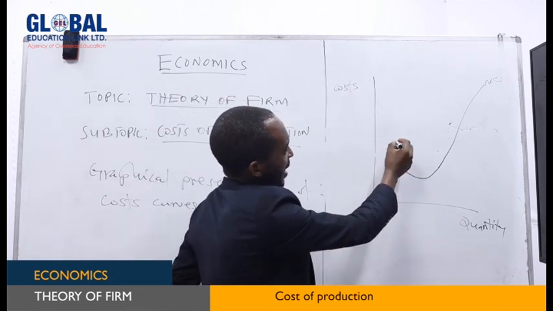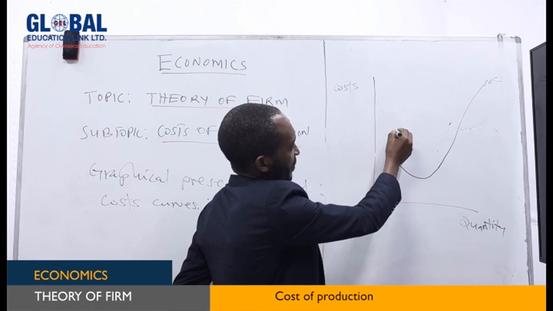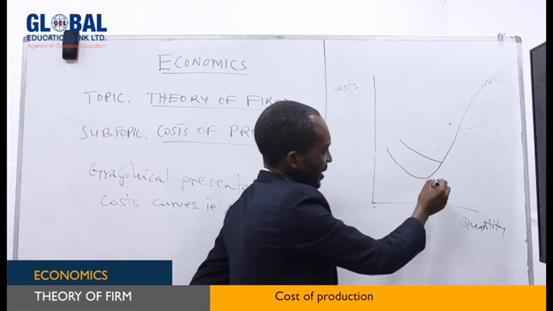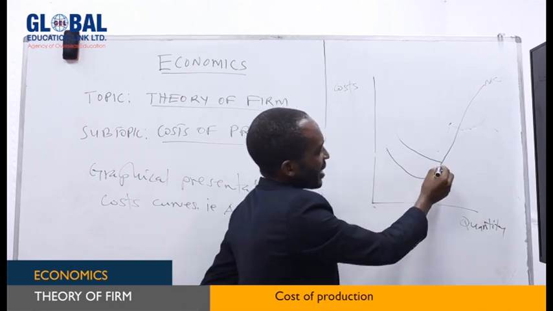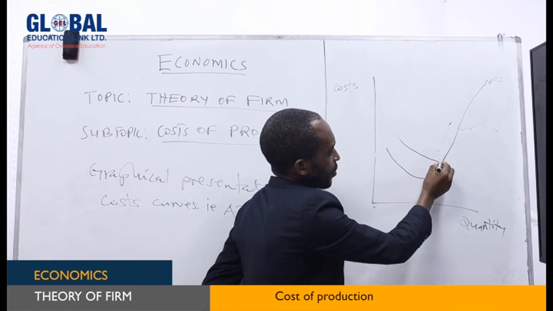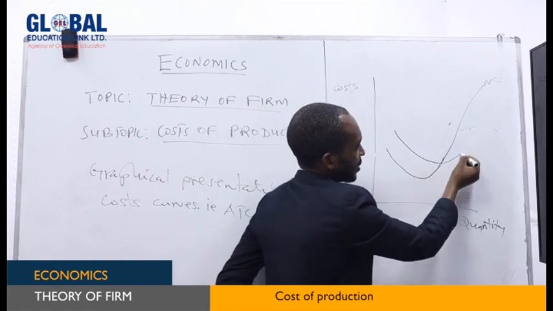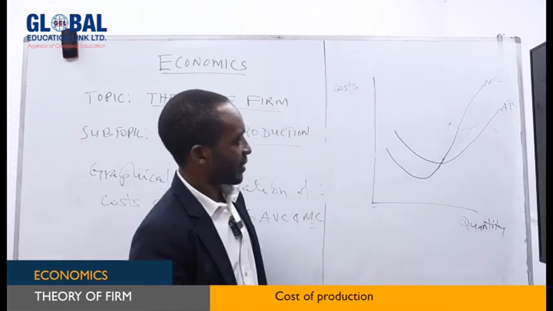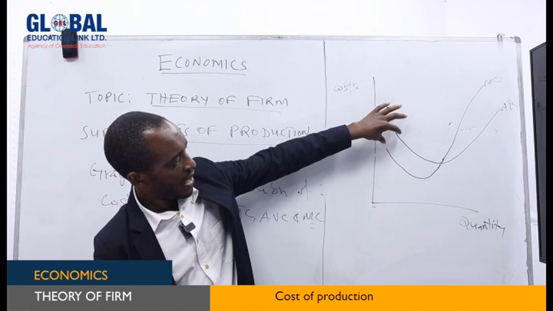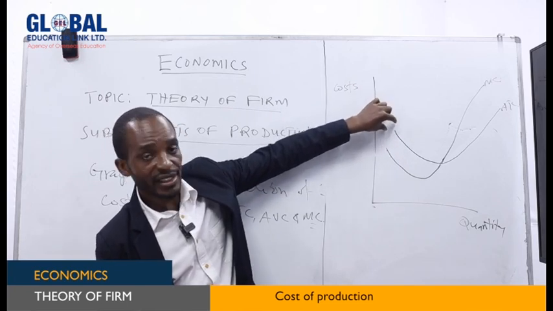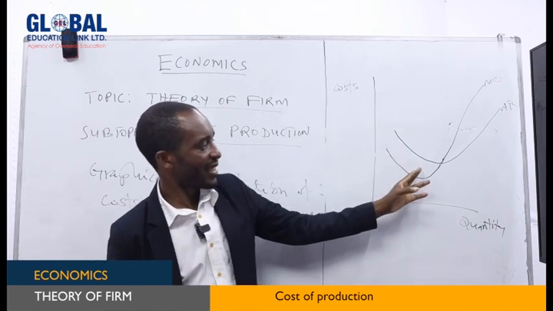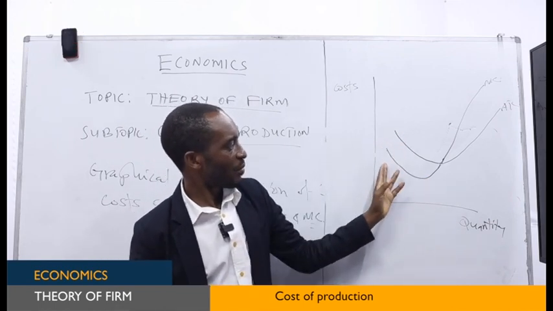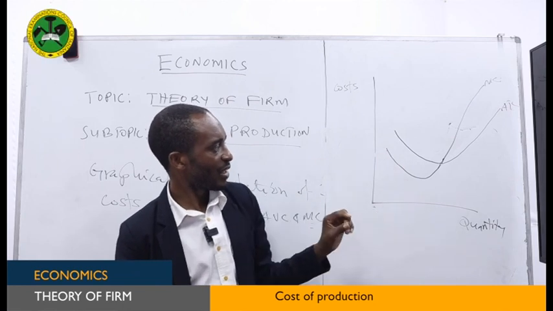When it meets the marginal cost, the average total cost will start to rise. So when average total cost is declining, the average total cost is above while the marginal cost is below.